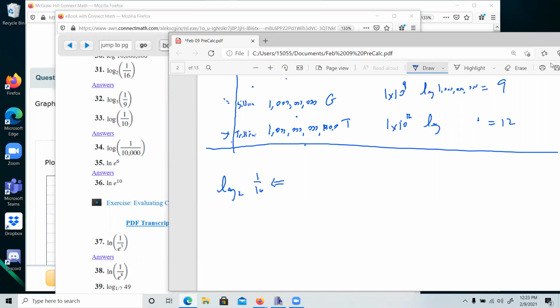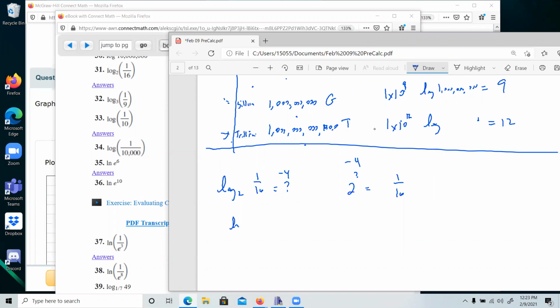I know that it's something, right? So 2 raised to what power is going to be 1/16? Well, I definitely need a negative in here, because it's got to be a reciprocal. And then 2 to the 3 is 8. Double it again, that's 16. So it's going to be 2 to the -4. So this answer is -4. And that's how you take these apart.